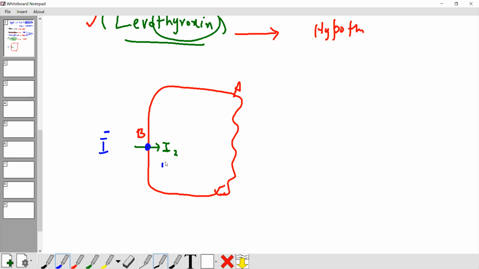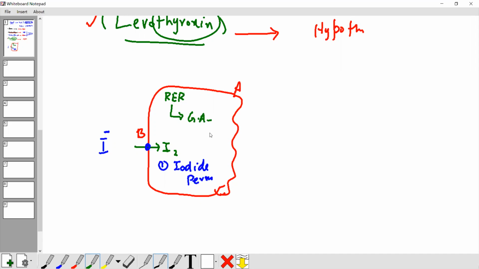Here we need one enzyme, enzyme number 1, iodide peroxidase. Thyroglobulin is already being produced in the rough endoplasmic reticulum. The rough endoplasmic reticulum produces the protein, and the Golgi apparatus does the packing.